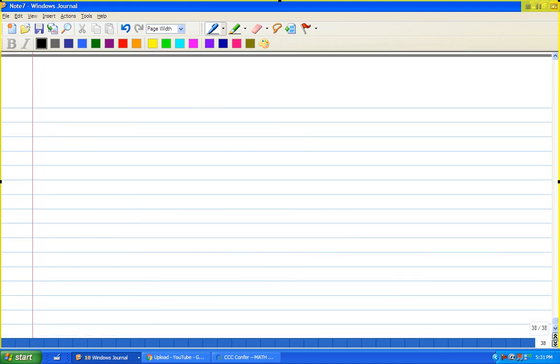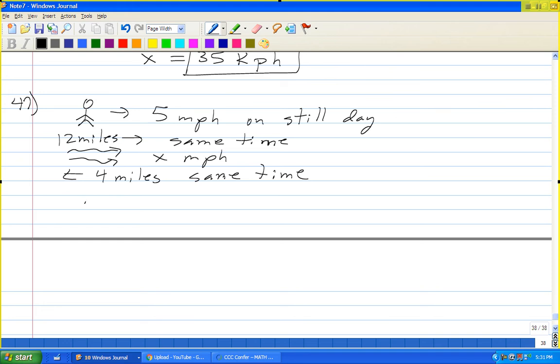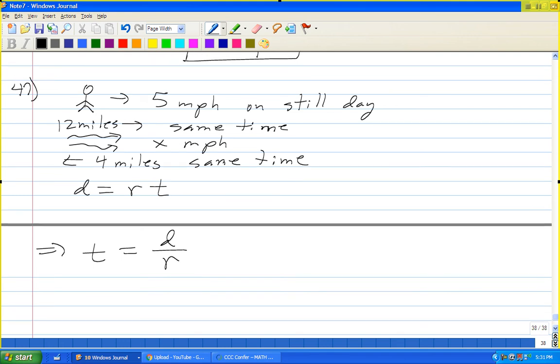Okay, so distance equals rate times time. So that says that time equals distance over rate, since I want to figure out the same time. And so let's figure out how long it takes him when he's going with the wind. And so he travels 12 miles.